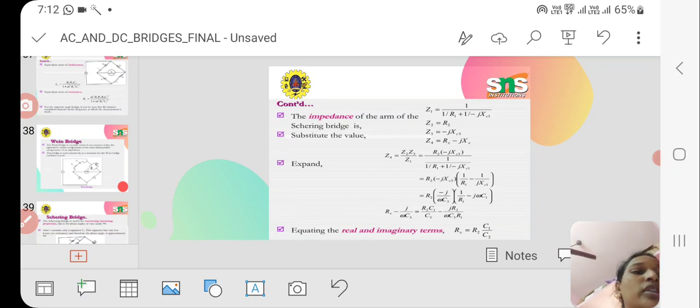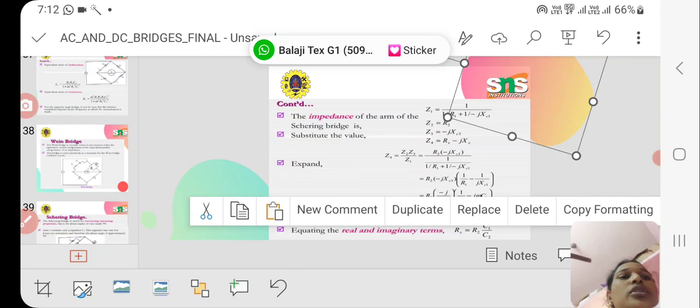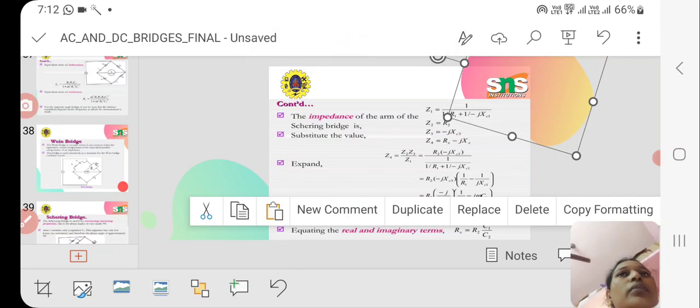Also, the unknown resistance value can be found, which is Rx is equal to R2 C1 by C2. The dissipation factor can be obtained with the help of a phasor diagram. The dissipation factor determines the rate of loss of energy that occurs because of the oscillations of the electrical and mechanical instruments.